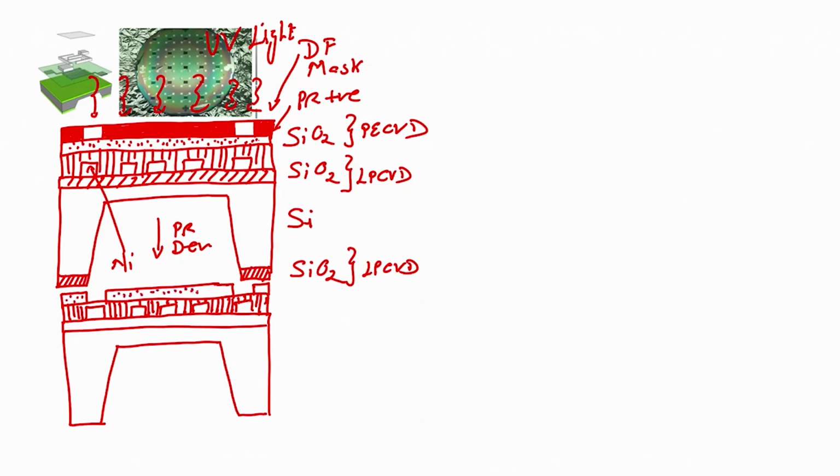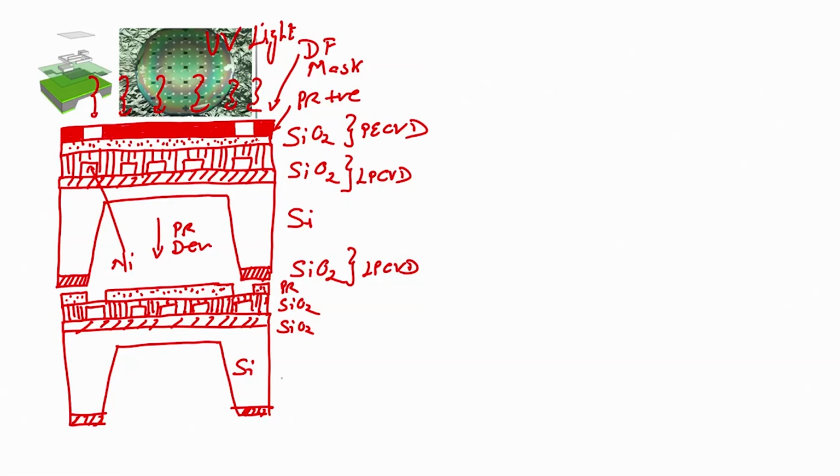PR will develop like this, and we can see that we can now access silicon dioxide which is grown using PECVD, right. Correct.